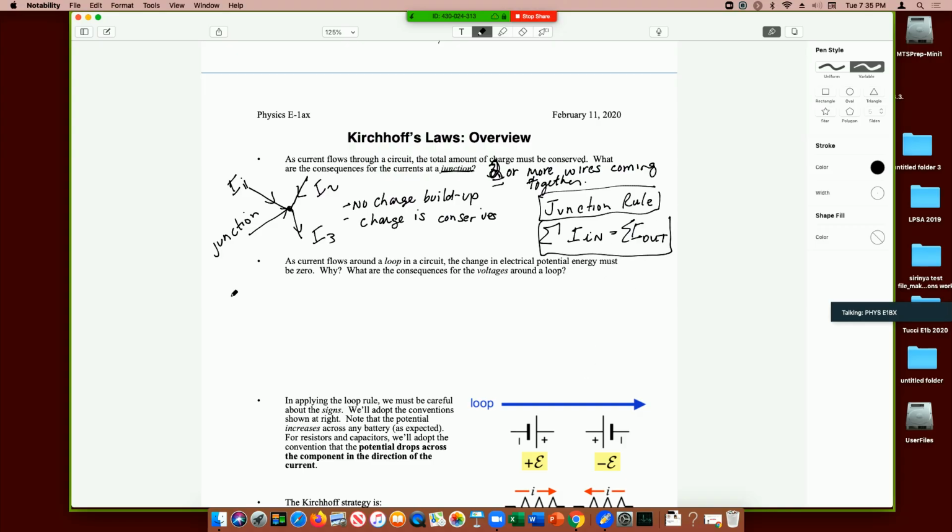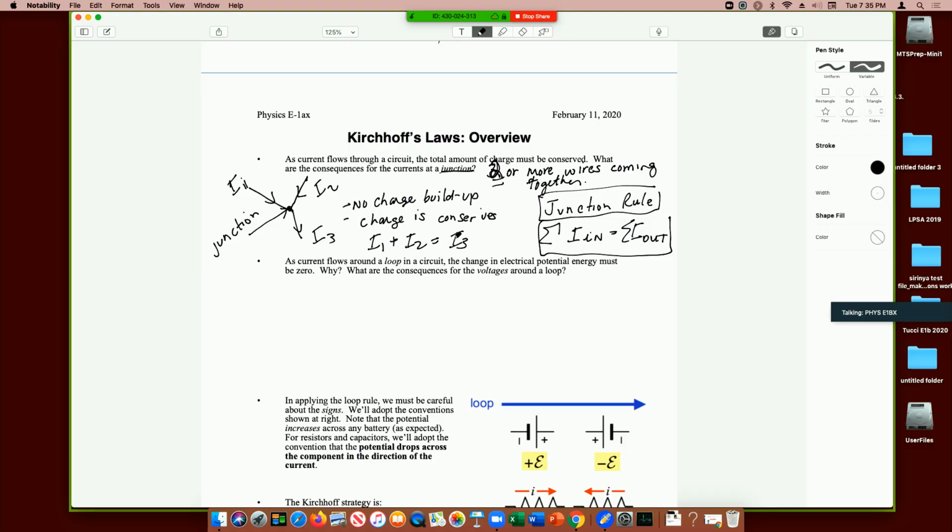If we look at our little mock example, it would be I1 plus I2 equals I3. All of the current coming into the junction has to equal all of the current going out of the junction.